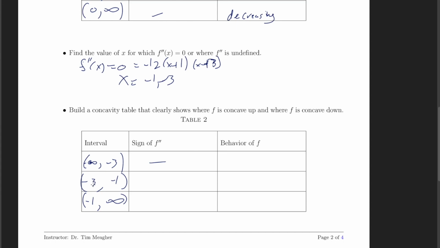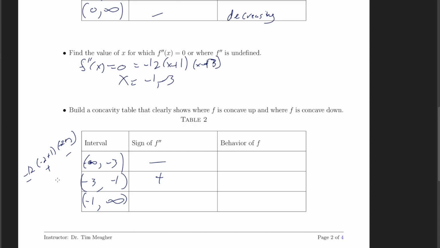For here, we'll do -2, and let me show you, since I've kind of hand waved it. It'll be -12, and then I have -2 plus 1, and then -2 plus 3. If I look at this carefully, I have a negative number, a negative number, and a positive number, so overall this will be positive.